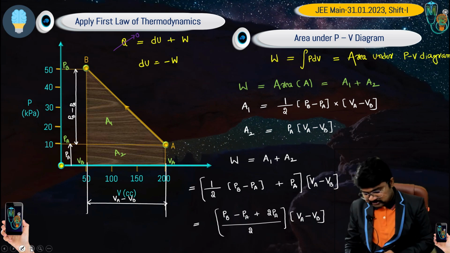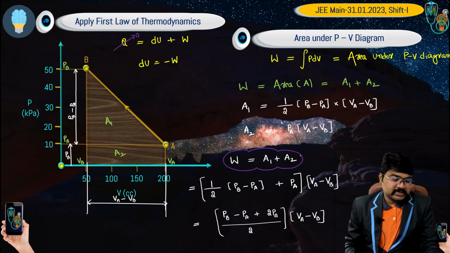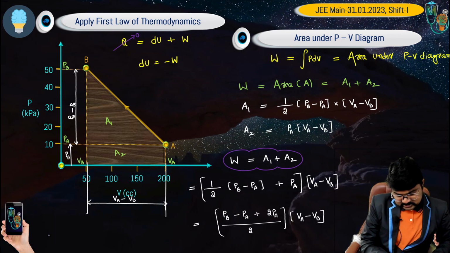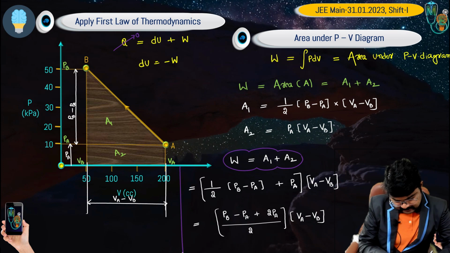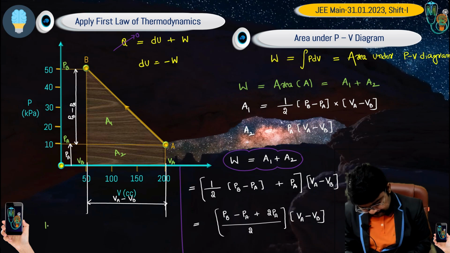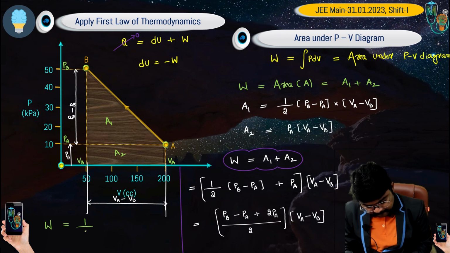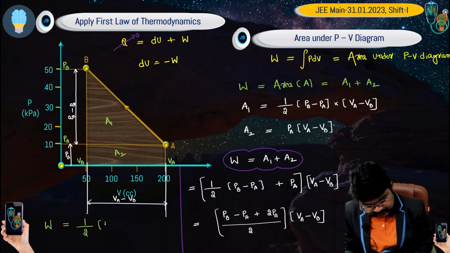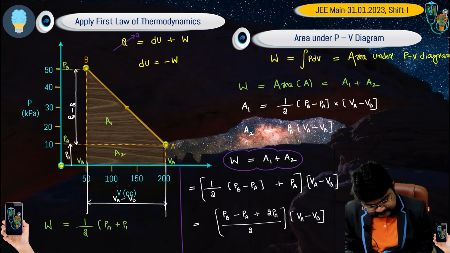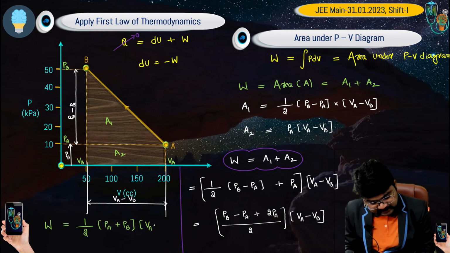Finally, what is the work done? We added two areas. The expression for work done is very simple: work done is half of PA plus PB into VA minus VB.